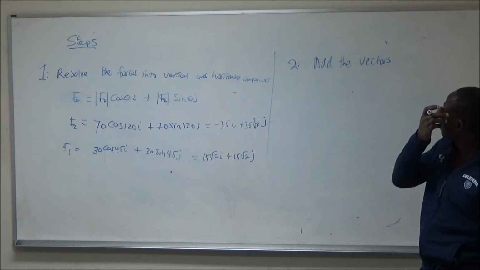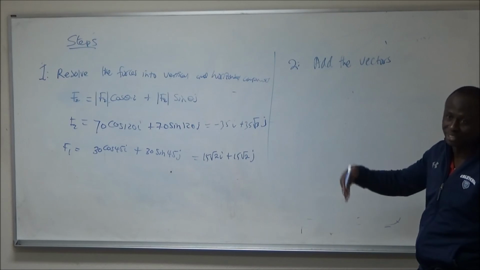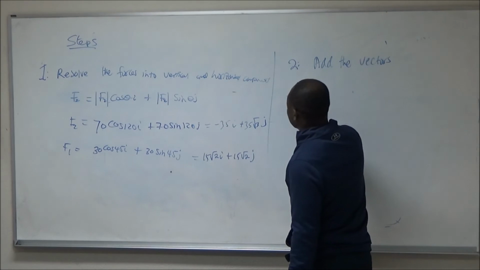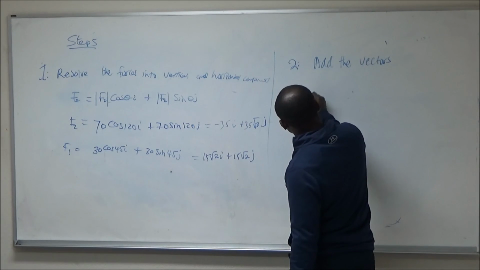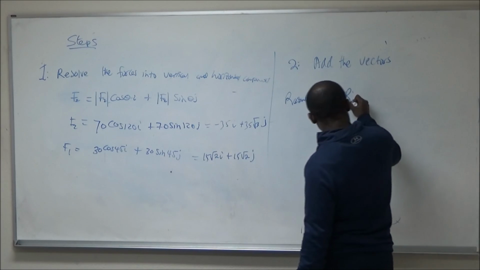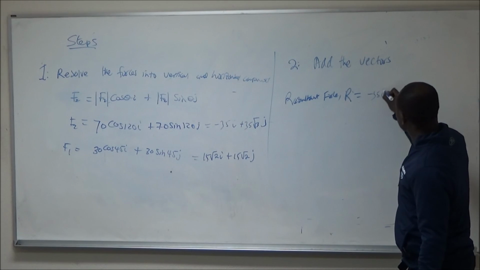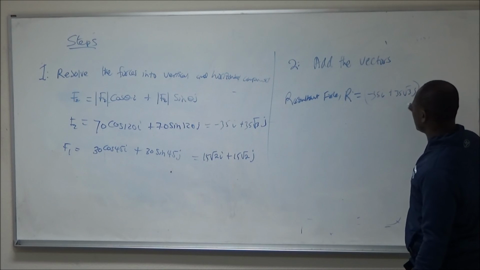So now that you have that, you add the vectors. Of course, you have to add i to i and j to j, apples to apples and oranges to oranges. So the resultant vector, I'm just going to call it the resultant force, R, is equal to negative 35i plus 35 root 3 j, plus 15 root 2 i plus 15 root 2 j.